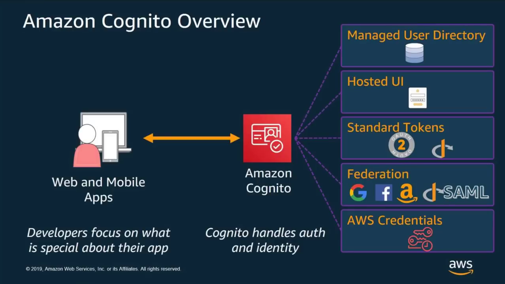We're going to unpack a lot today about what Amazon Cognito is, but at the highest level, it's our service that lets developers focus on what is special about their application and lets Cognito, a managed service from AWS, handle all of that authentication and identity.